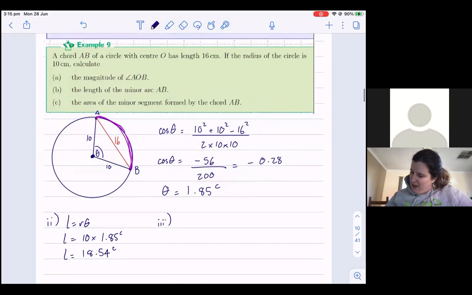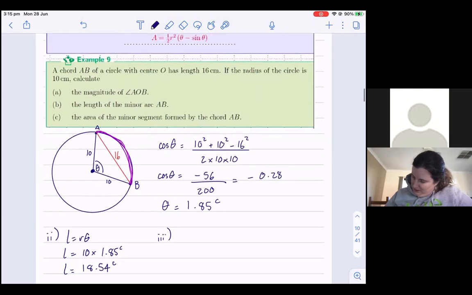And if we want the area, then we're going to do half times 10 squared times, in my calculator, I'm actually going to be doing arccos negative 0.28 minus sine of arccos negative 0.28.